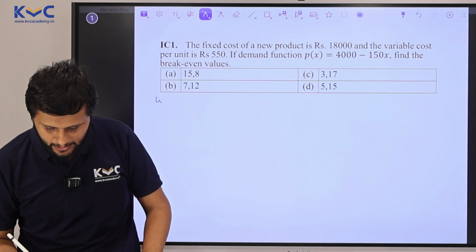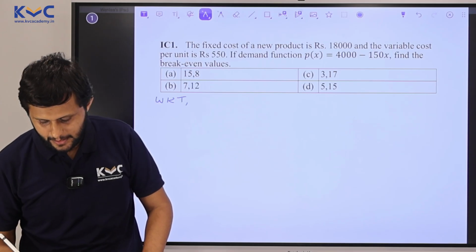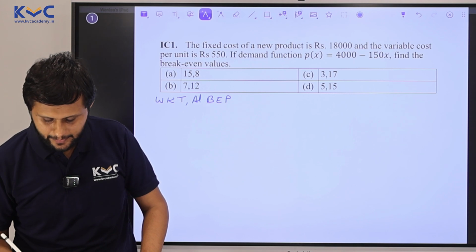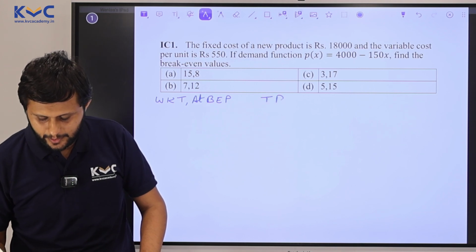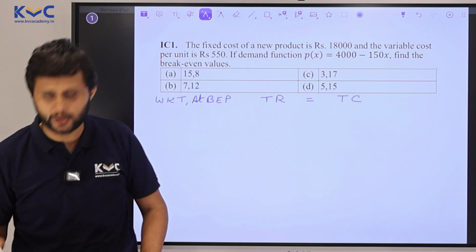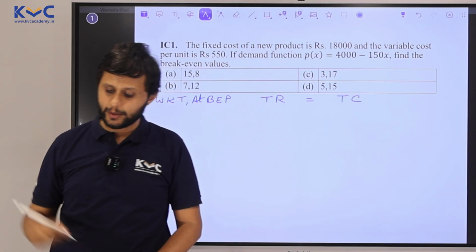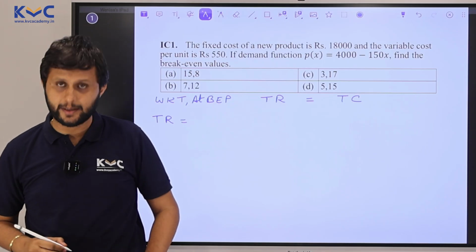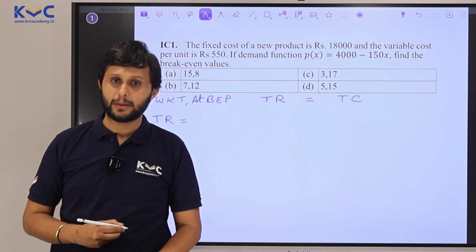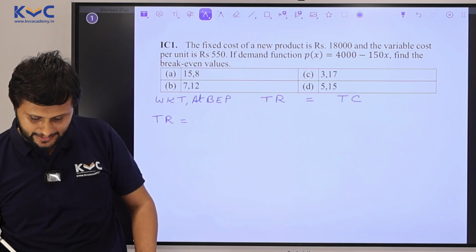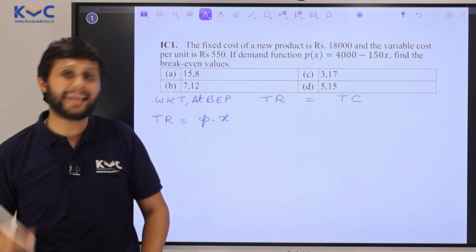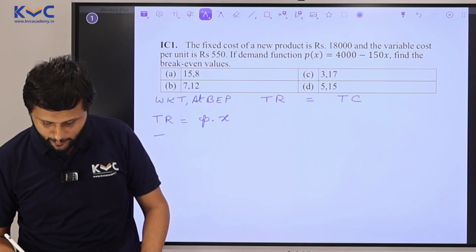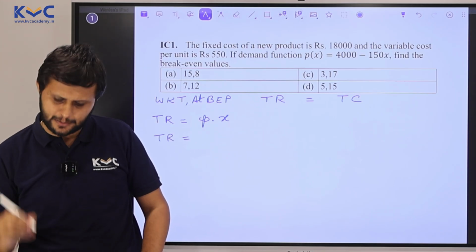What do we know? We know that at break even point, total revenue is equal to total cost. How do we write total revenue? Total revenue function we will have to find out. How do we find revenue? I said we want price into x, P into x. Now total revenue is equal to, what is P equal to?